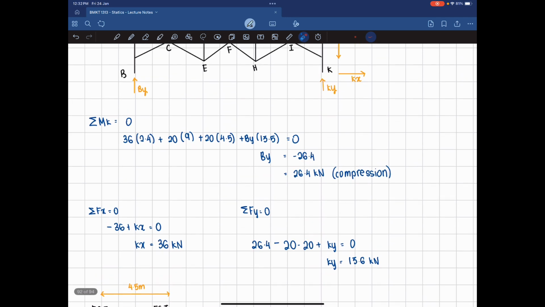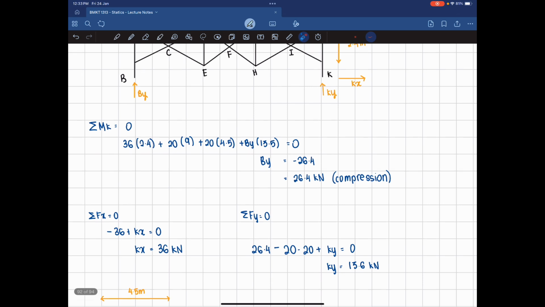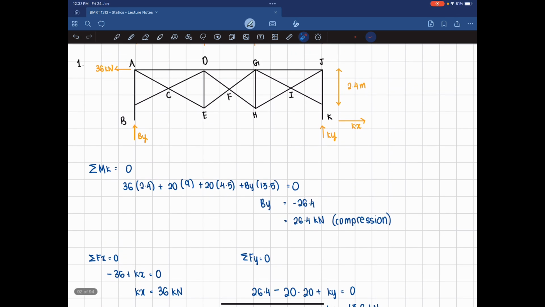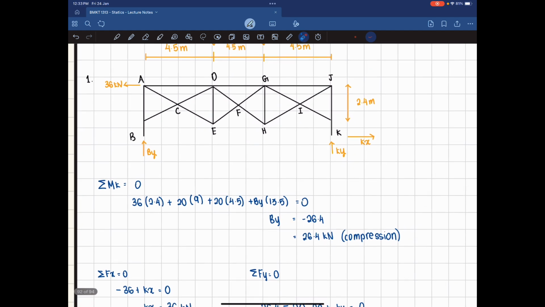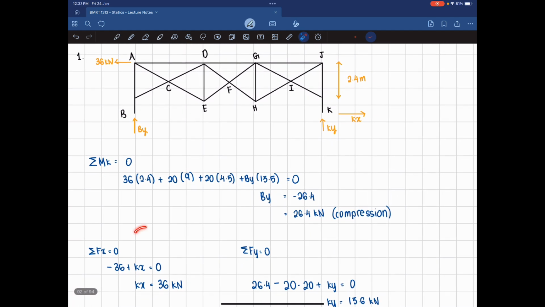Then we proceed with the next equation of equilibrium, which is sum of Fx equals 0. From the free body diagram, we just take the x-axis and equate it to 0.